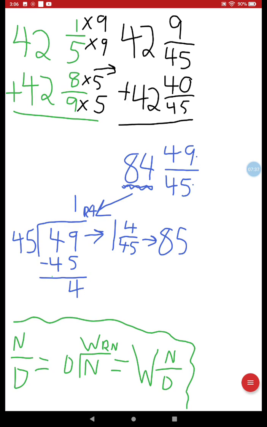Well, 4 can only be simplified by dividing it by 2 or 1, and neither of those fit in the 45. So I can keep it as 4/45. So I get an answer of 85 and 4/45. All right, put that in the practice today on your toucan fraction number 18.